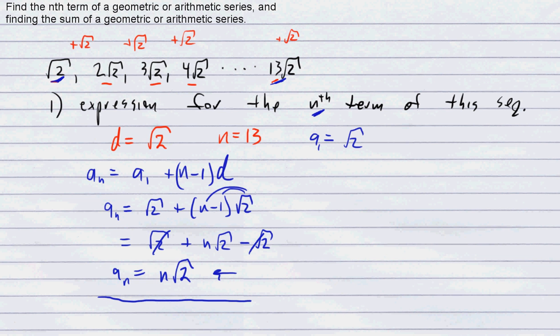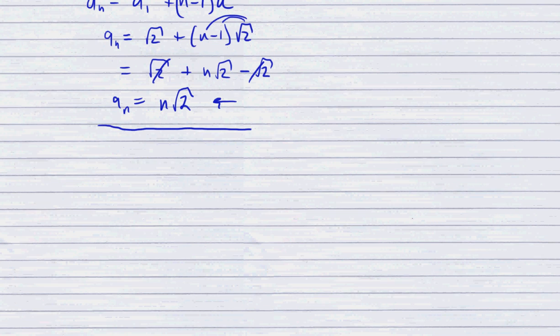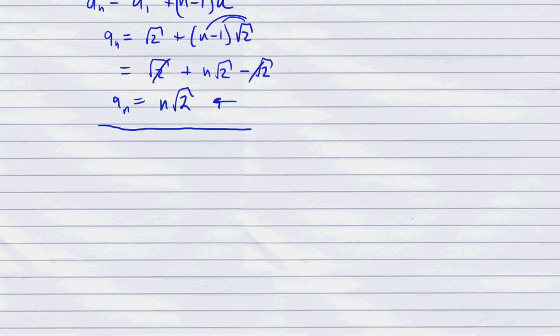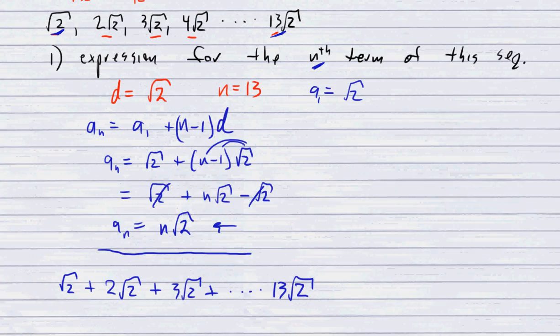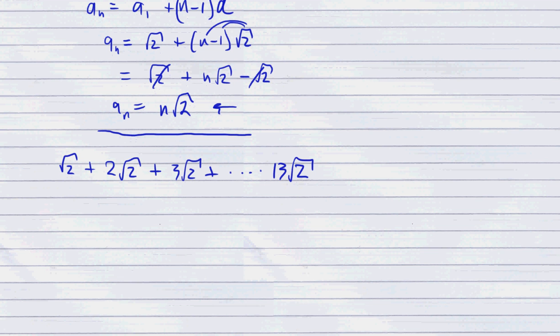That is, the series rad 2 plus 2 rad 2 plus 3 rad 2 all the way up to 13 rad 2. If we think of that as an arithmetic series, we want to find the sum of that.